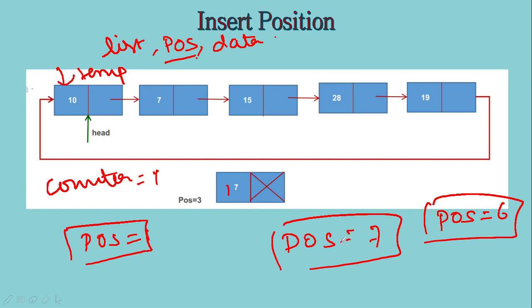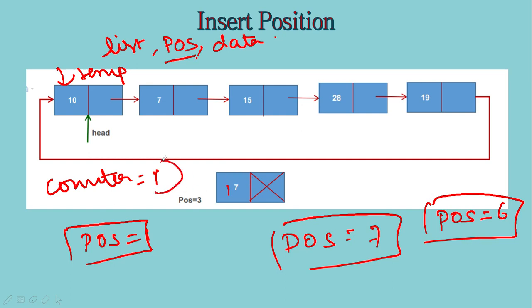So how we are going to do it is we will initialize the temporary pointer to the first node and the counter to 1, and then we will be checking whether we are in the last node. If you are in the last node, then you will come out of the loop. You will not proceed. You will come out of the loop and check if the condition is satisfied, that is, if your temp is at the proper position, right?